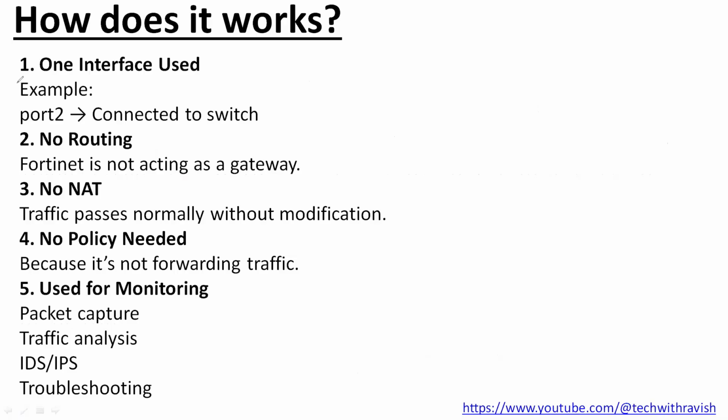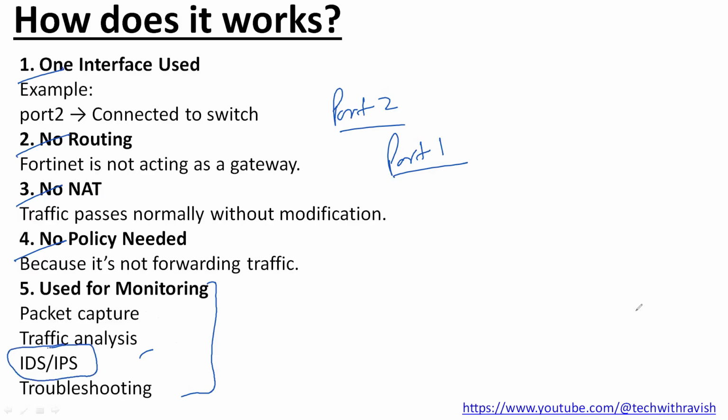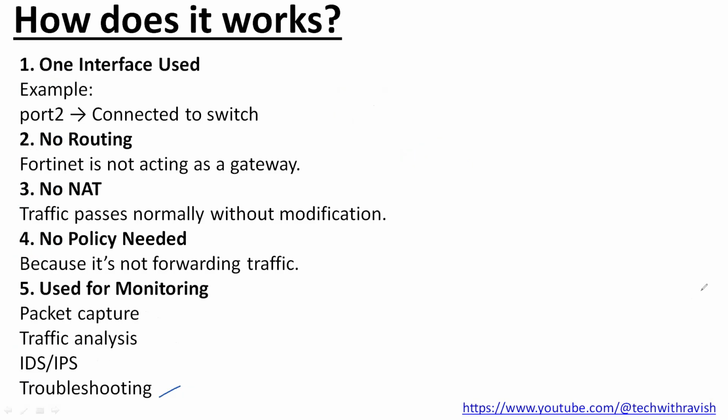Okay, now how does it work? Only one interface will be used for the firewall. The firewall has multiple ports, port 1, port 2. Port 2 will be used because port 1 is assigned to the management interface. So no routing is there, no NAT is required, no policy will be needed, only the packets will be captured and analyzed, and this is part of an intrusion detection system, IDS, also used for troubleshooting.